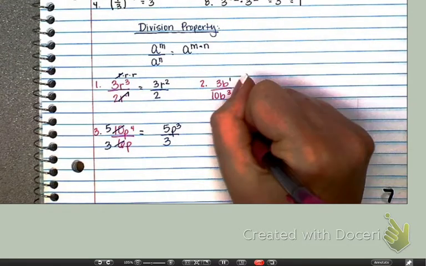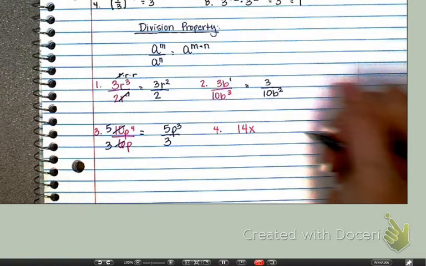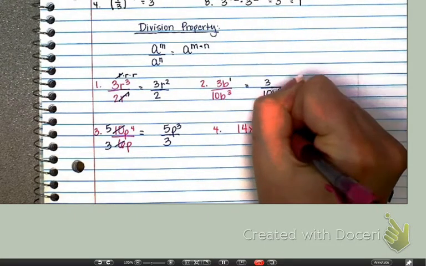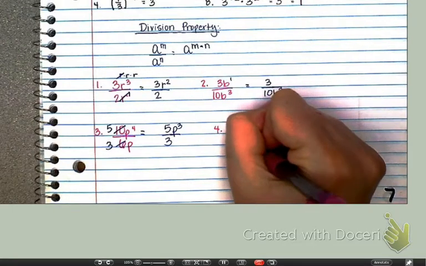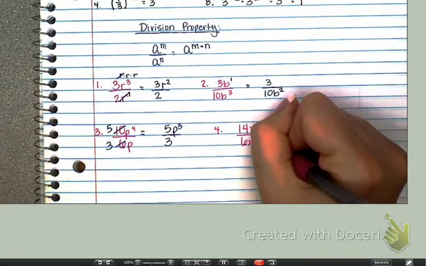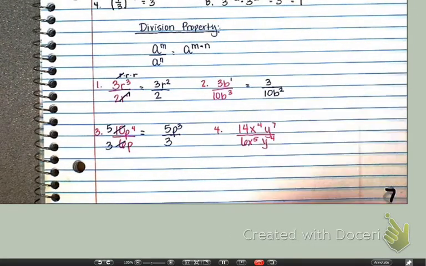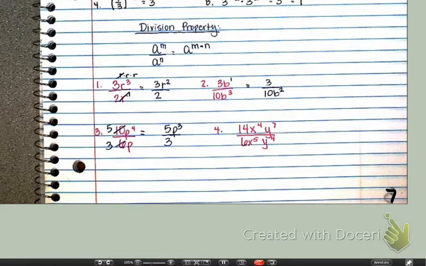Last problem. 14x to the fourth, y to the seventh, over 6x to the fifth, y to the fourth. I'm going to give you a second and see if you can come up with that answer as well. What number goes into 14 and 6? 2.